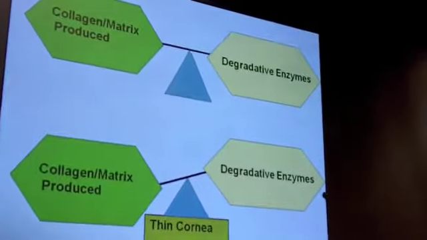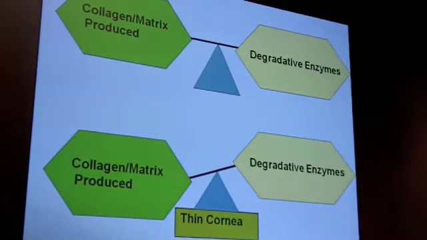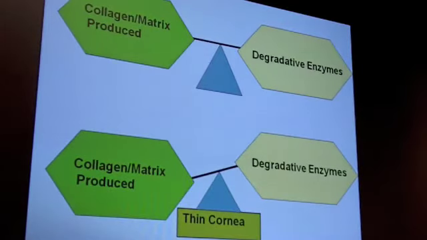So what happens in keratoconus is that you have elevated enzyme activity. Now, in a normal cornea, there's collagen that's produced, and that's in a balance with these degradative enzymes. But with keratoconus, you have increased enzyme activity, and the collagen then is digested, and you get a thinner cornea.